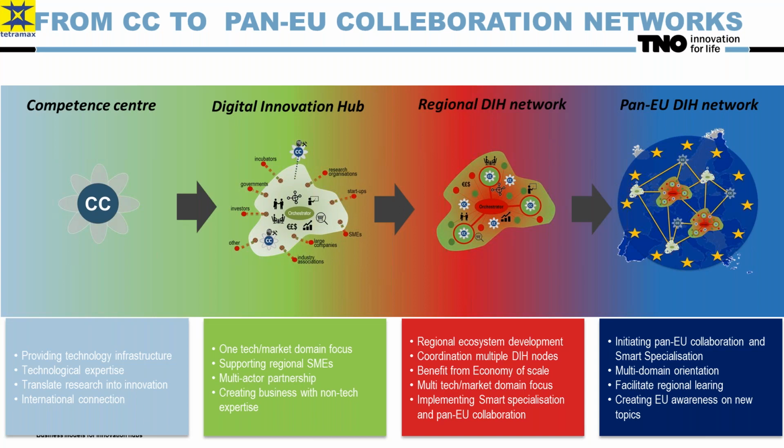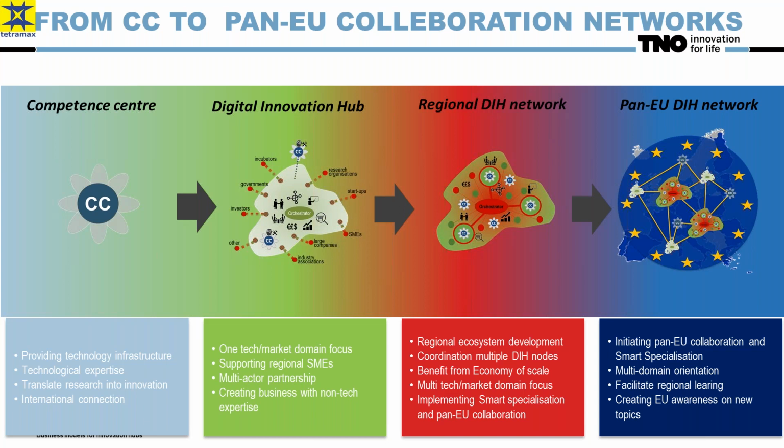So what you see is that a single innovation hub or 2 or 3 innovation hubs in one region can shift their activities towards the upper level regional digital innovation hub, not offering the services all by themselves, but coordinating among themselves.